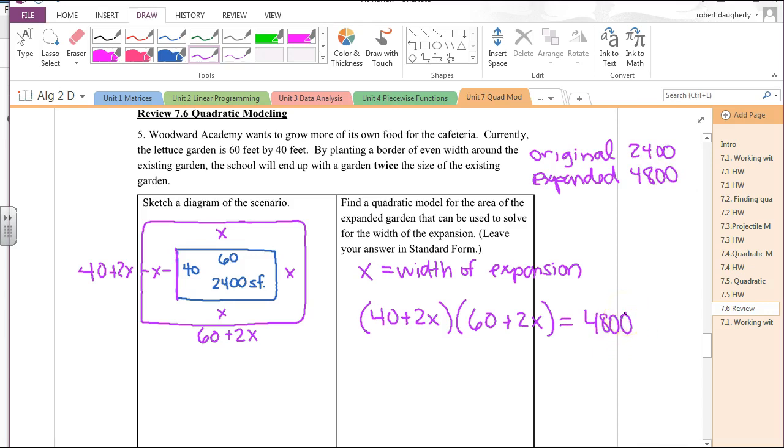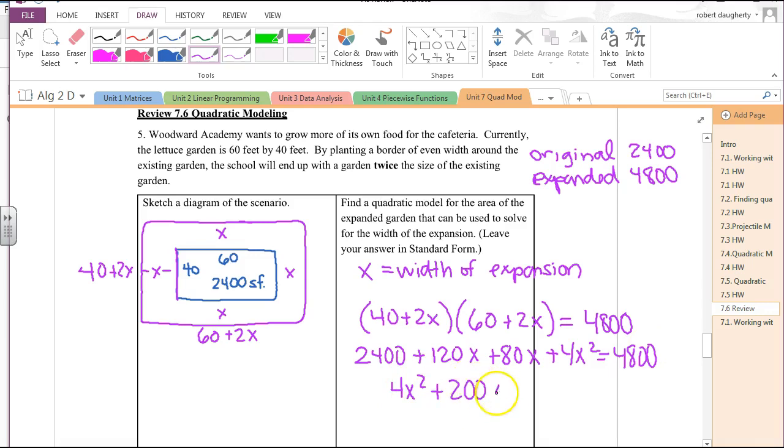So if I expand this out, I'm going to have 2,400 plus 120x plus 80x plus 4x squared equal 4,800, or 4x squared plus 200x minus 2,400 equals 0. There's my model in standard form.